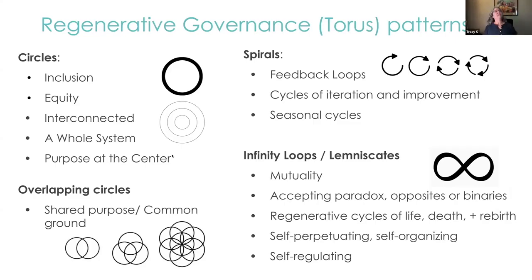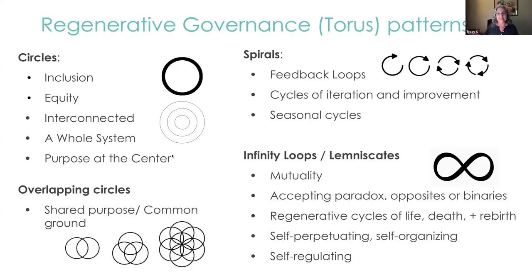Yeah, I want to get to this part because pulling out some of those patterns that are part of the torus pattern. And what I find is these patterns show up over and over again in frameworks that are regenerative.